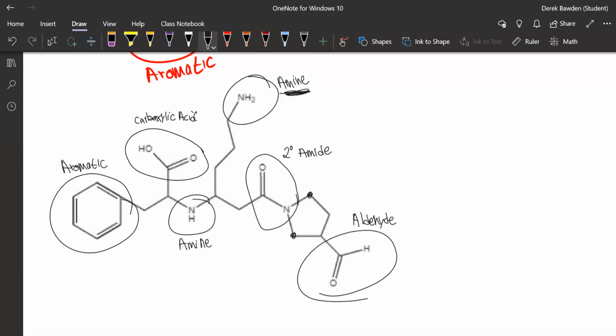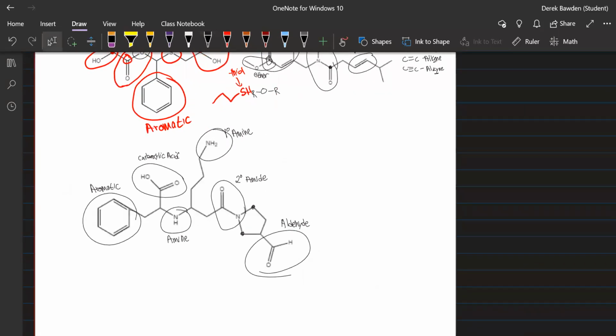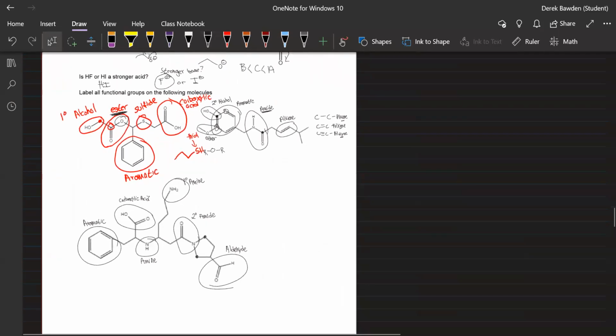What degree amine is this? First degree. First degree, right? Primary amine. All right, that's functional groups. Get familiar with those. Again, there's good practice online. If you Google organic chemistry functional groups, there will be some on there that he won't expect you to know yet, but it should be some good practice.